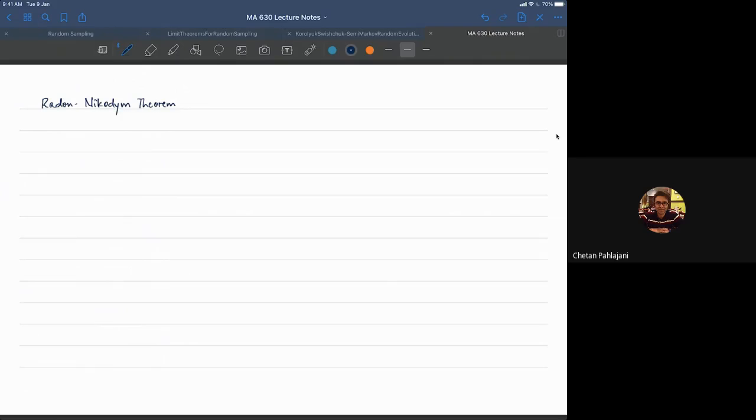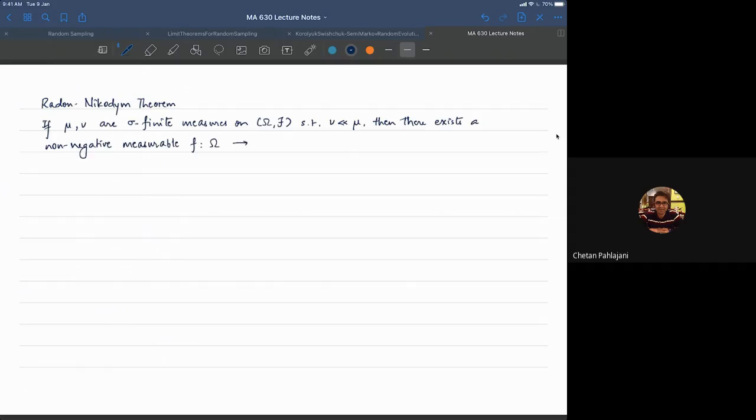All right, so what does the Radon-Nikodym theorem say? It says the following. If mu, nu are sigma-finite measures on omega, F such that nu is absolutely continuous with respect to mu, then there exists a non-negative measurable f taking omega to the closed interval 0 to infinity.